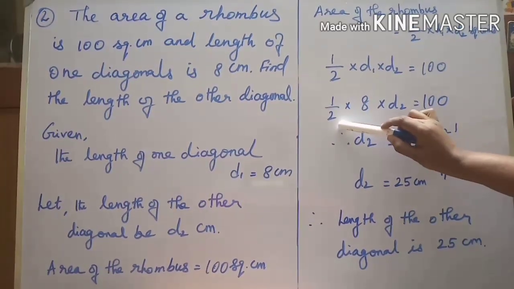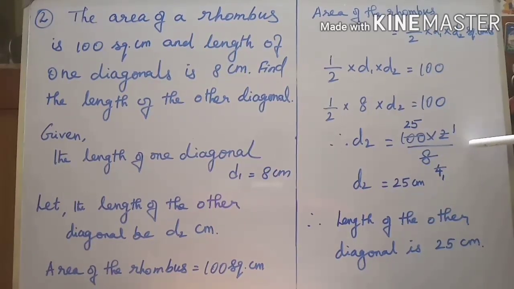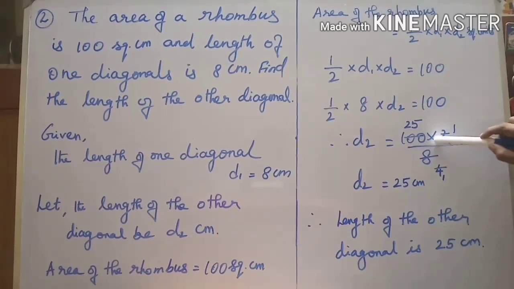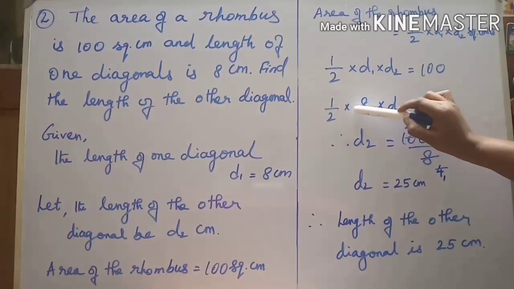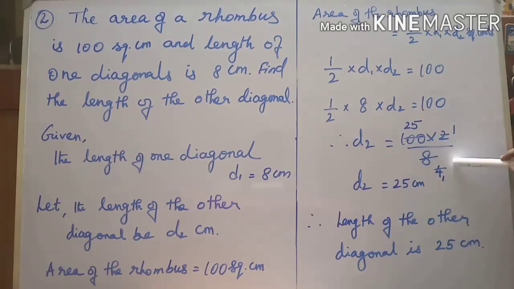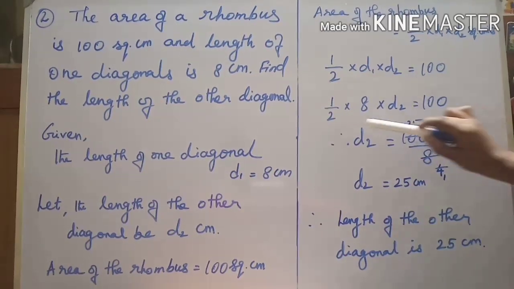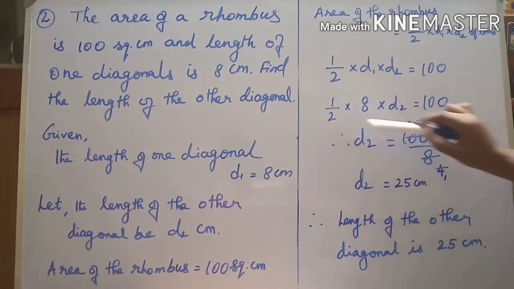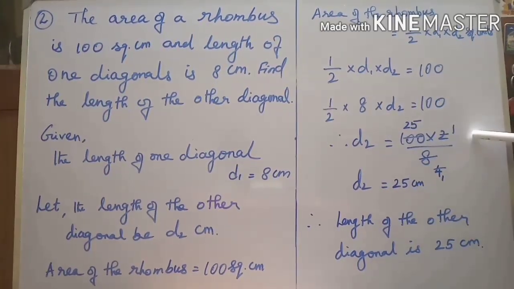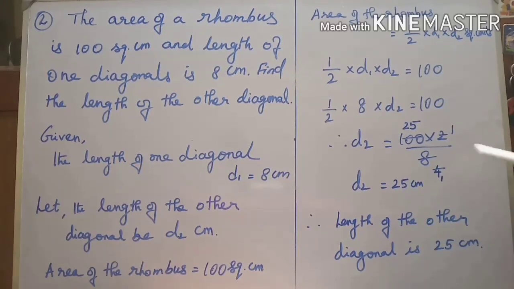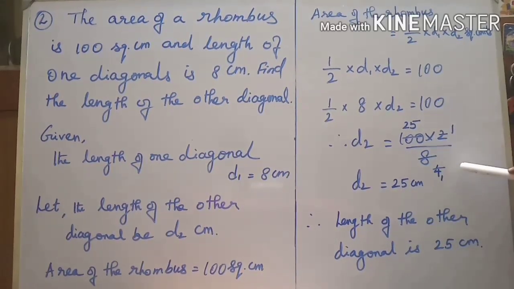The divide 2 will come over here and become a multiple number, into 2. Into 8 by 2 becomes 2 by 8. The division number 2 comes in the numerator. Am I clear? 100 into 2 by 8.